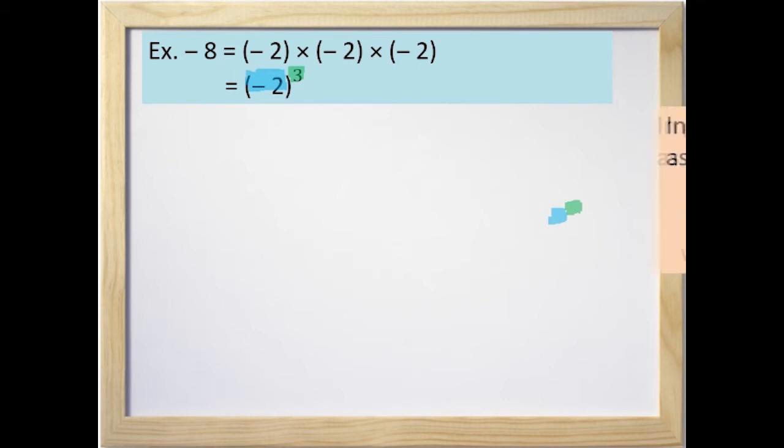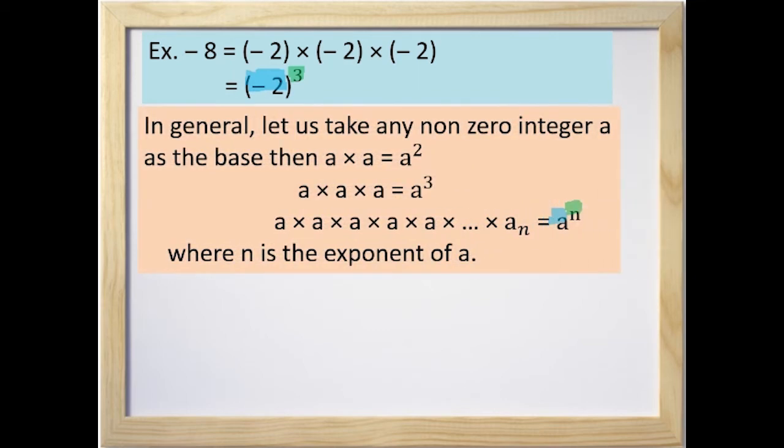Now, we are going to learn the general form of power notation. Let us take any non-zero integer a as the base, then a into a can be written as a raised to the power of 2 or simply a square. Then if a is multiplied 3 times, that is a into a into a, it can be written as a raised to the power of 3 or simply a cube.